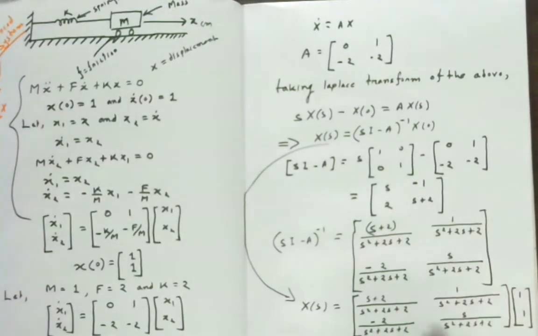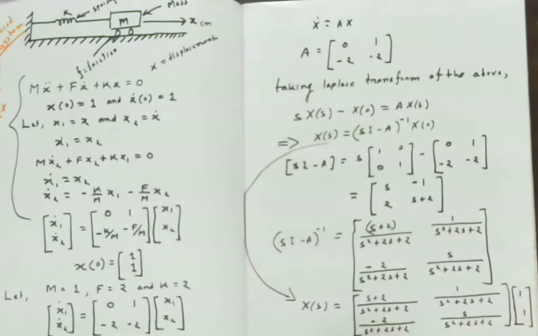This is 2 cross 2 and this is 2 cross 1, so ultimately it will lead to 2 cross 1.